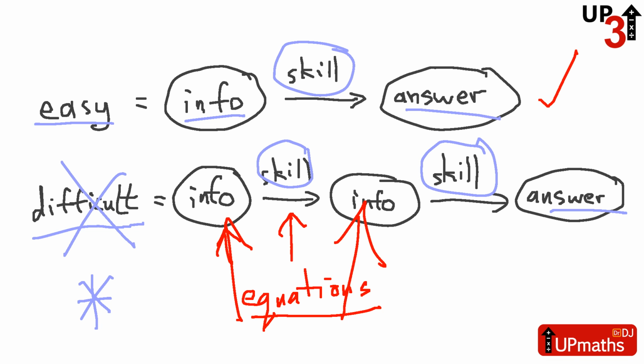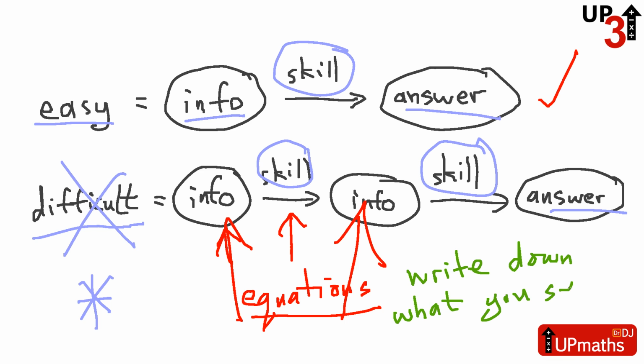So just to summarise, I think the whole thing is about write down what you see. So, oh, I can see that we've got some stuff about the area of a rectangle, write down the area of a rectangle. I can see I've got something about the gradient at a point of that polynomial, write down your differentiation.